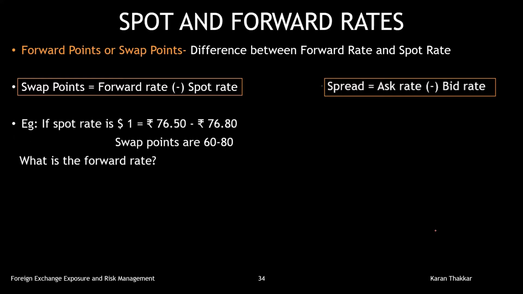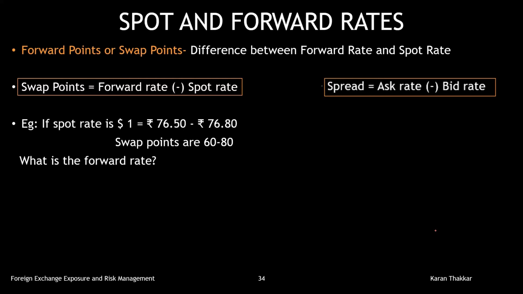So let's take an example of how to calculate the forward rate when swap points are given. Say in this first example, $1 equals 76.5 rupees to 76.8 rupees, and the swap points given are 60 to 80. What is the forward rate? First we will see what these swap points mean and how you calculate the forward rate using them.